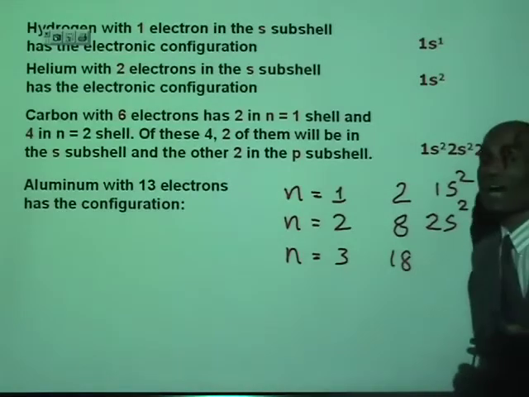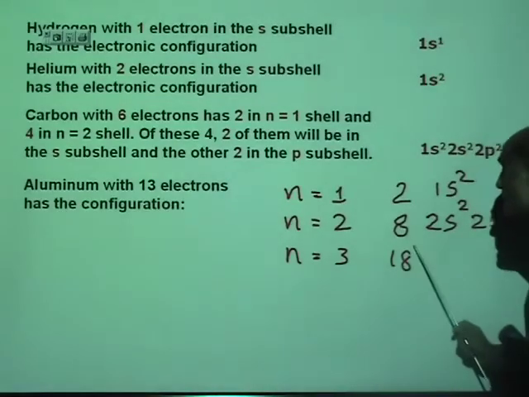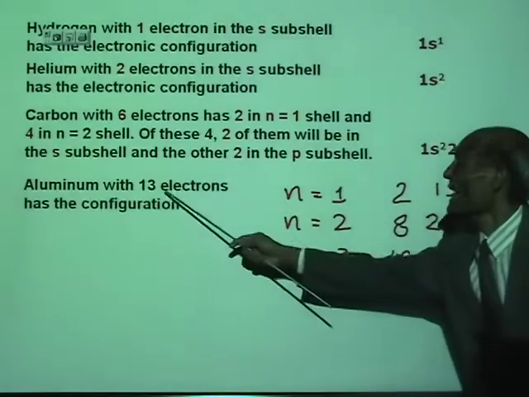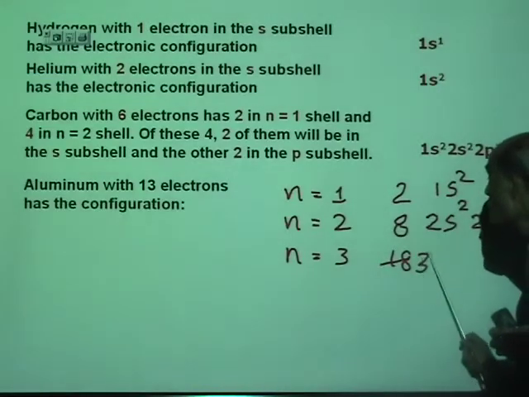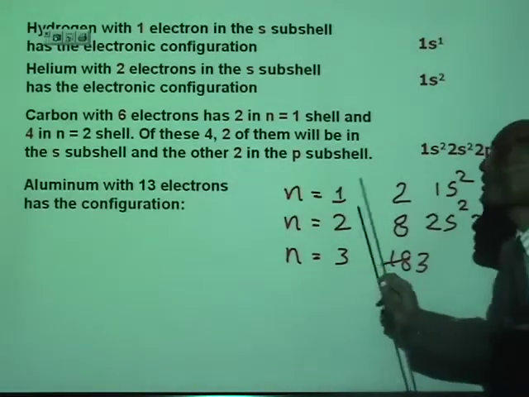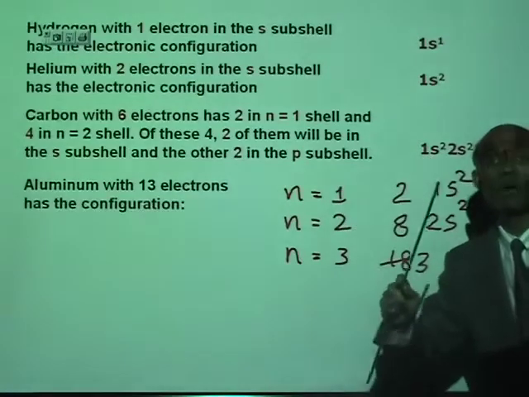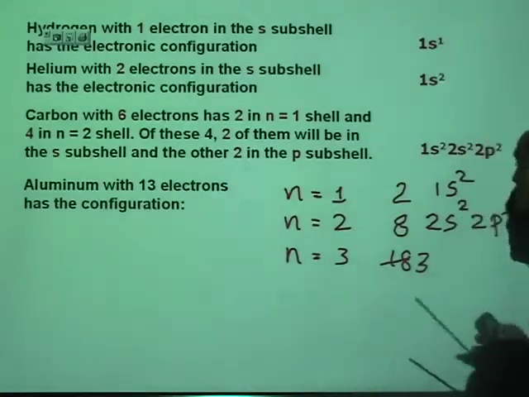Well, how many are now left? I can have 18 there, but I have only 3 that I need. So I'm going to cut this 18 and write 3. And of these 3, the first 2 are going to go to the S subshell for n equal to 3.